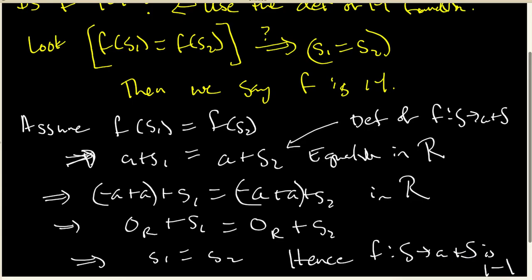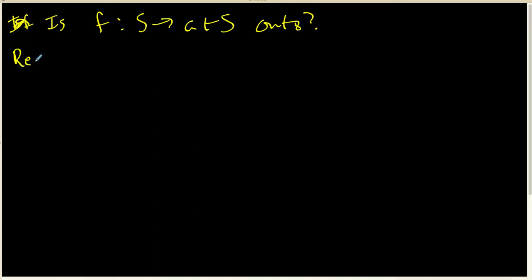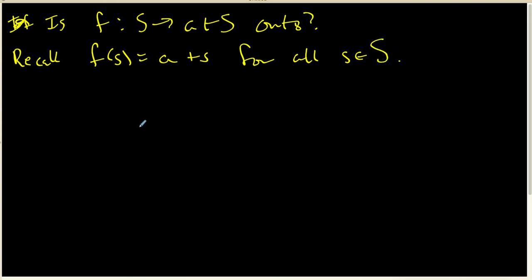So now the question becomes whether or not this function is onto. So let's look at that. Is our function that goes from the subring to the coset onto? Now again, recall that our function is being given by f of little s is simply a plus little s for every single little s inside the subring.